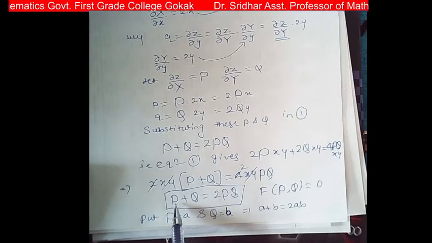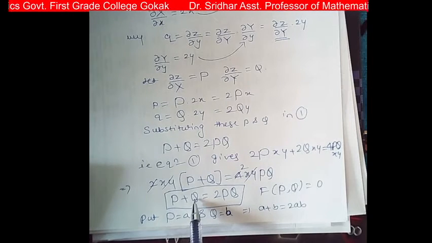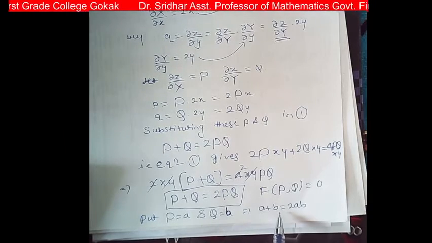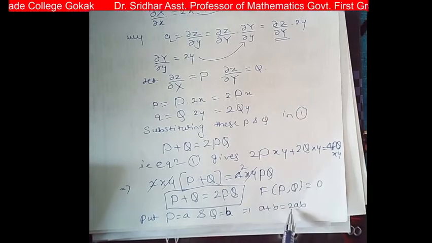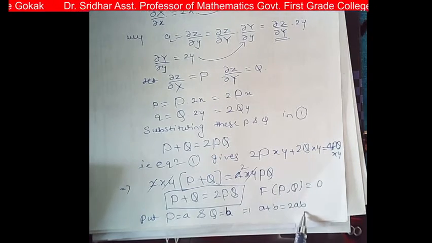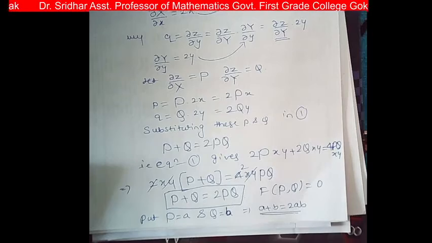Here we substitute P is equal to A, here we substitute Q is equal to B. Okay, this becomes A plus B is equal to 2AB. So this equation we obtain.